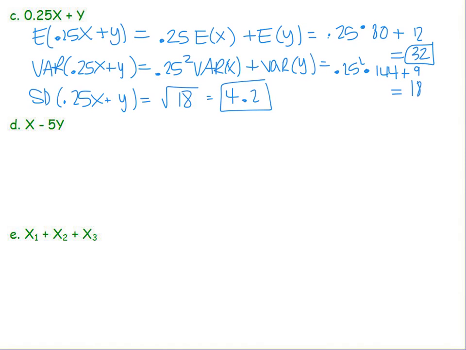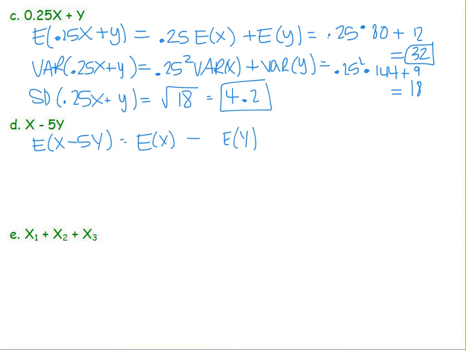So this next one is just throwing subtraction with it. So we're going to do the expected value of x minus 5y. So this time we're going to pretend the 5 isn't there for a second. If it's just x minus y, then it's the expected value of x minus the expected value of y. That's per equation 5.